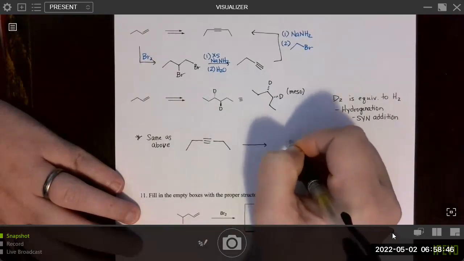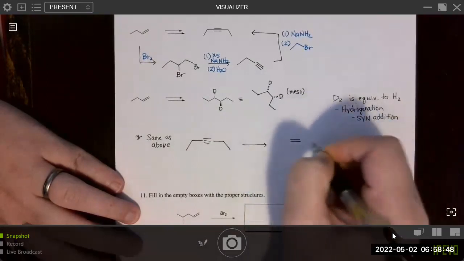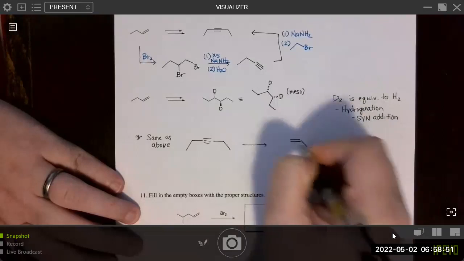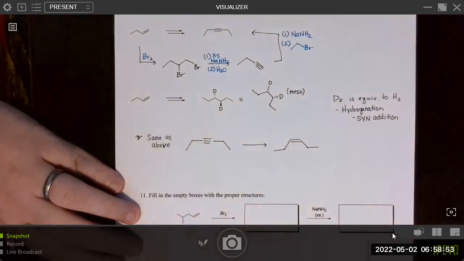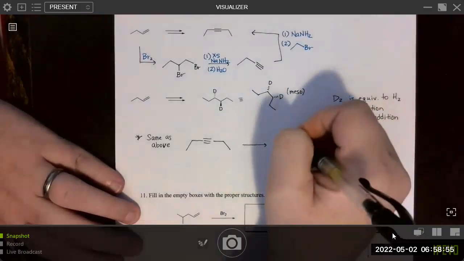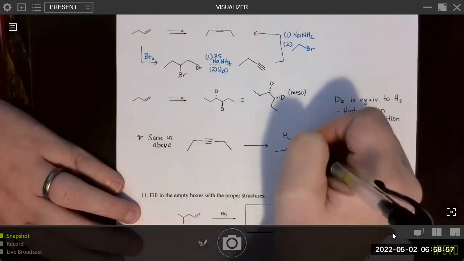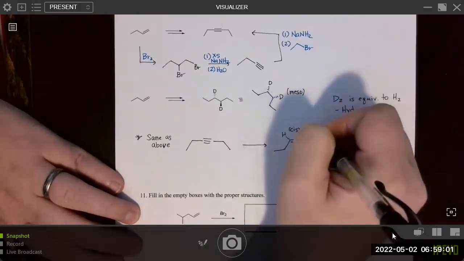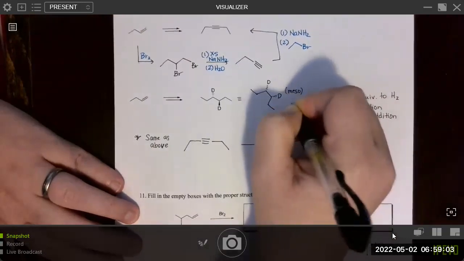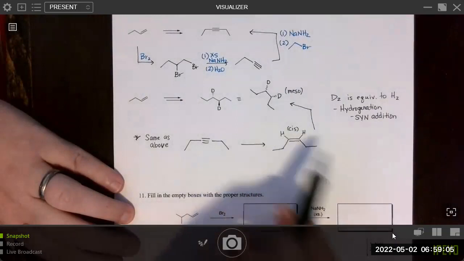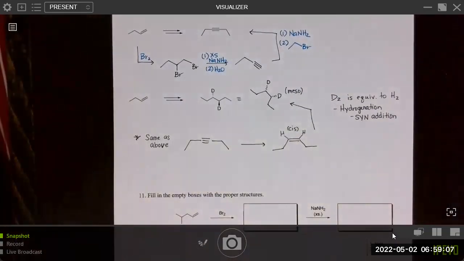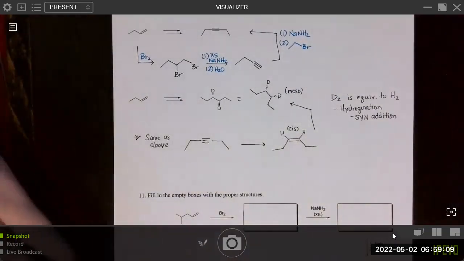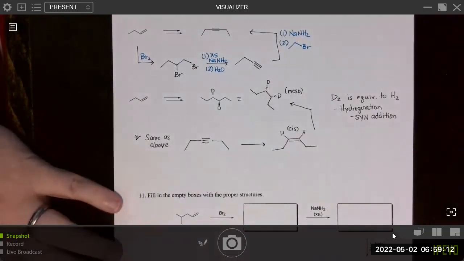So I want to do alkene, the 2 ethyl groups attached to them. Right? We want to make sure that this is cis. And then I can do hydrogenation. And that will also go through syn addition. So this one is a bit of a tricky one.